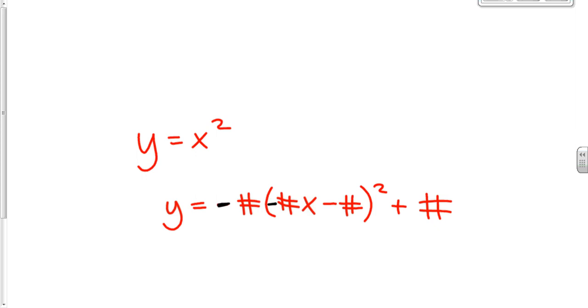This would be your A value, this would be your B value, this would be your C value, and this would be your D value. Okay, so you've got all these different options that could be added on to just the basic parent function of y equals x squared. Okay, so it's just a matter of plugging in your pieces. This is your A, your B, your C, your D.